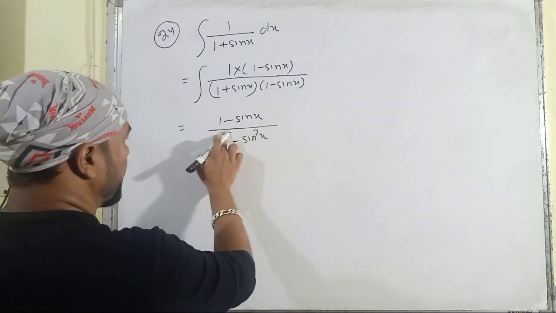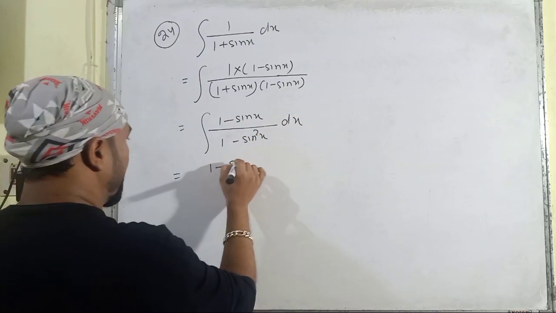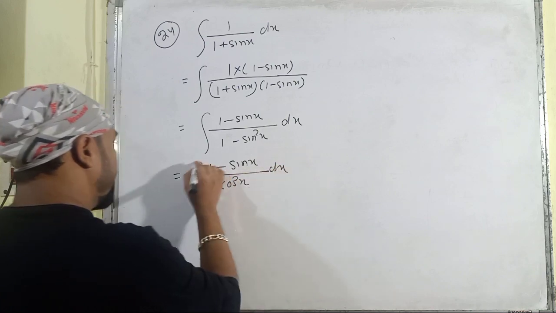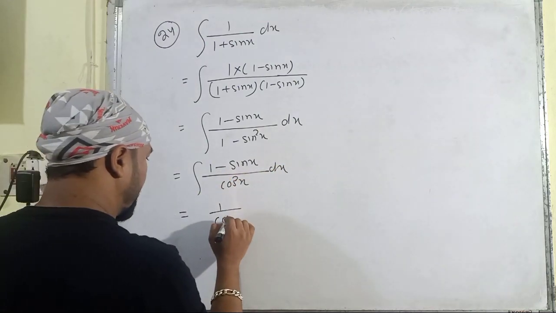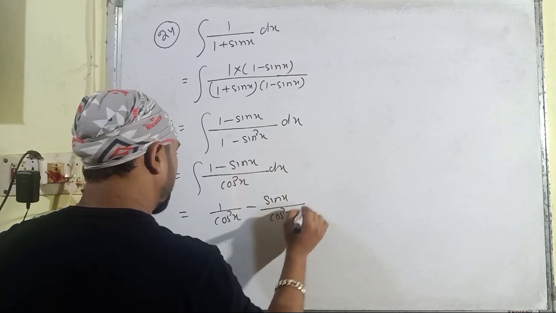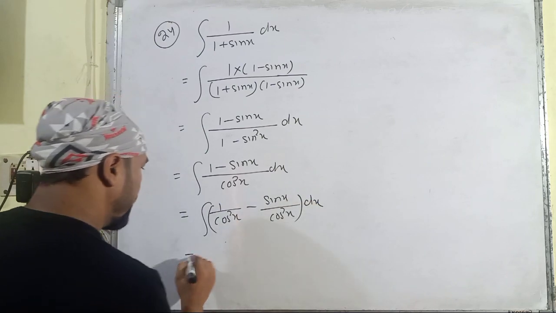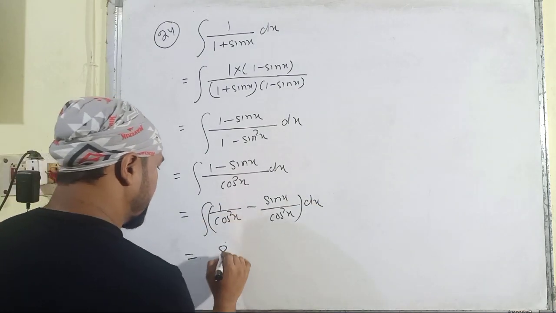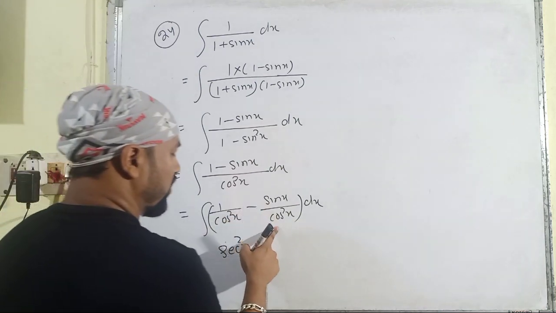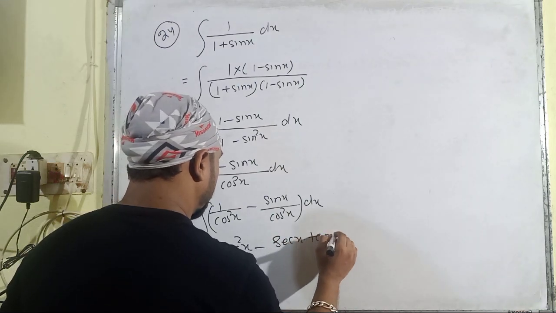The value of 1 square is 1, so it is 1 minus sin square x, which is cos square x. It will be 1 upon cos square x minus sin x divided by cos square x. 1 upon cos square x is sec square x, and sin x upon cos square x is sec x into tan x.